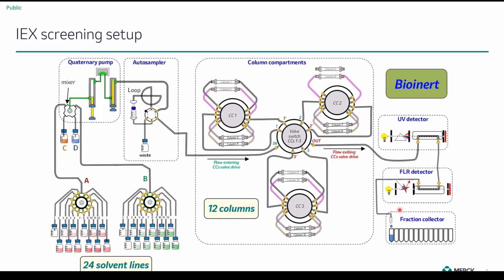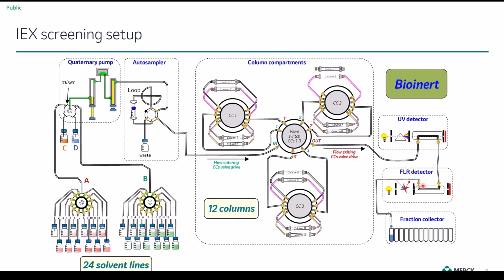In this case, what we want is to have the possibility to install at the same time on the same system the highest number of solvent lines as well as column lines in order to reduce the amount of manual work that we require from people in the lab who are actually carrying out the experiments.